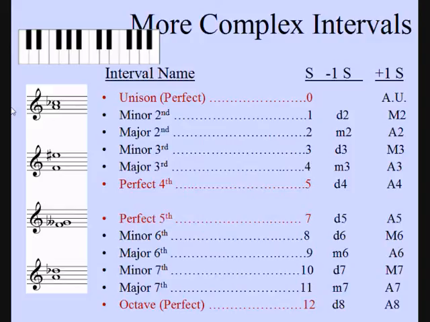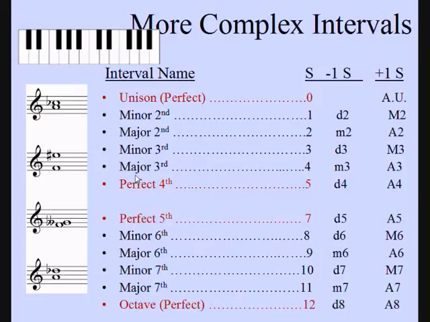We count from the staff point of view first, and we see 1, 2, 3. These are 3 steps away. This is a third. It might not sound like a third when you play it, but from the written point of view, it is a third.